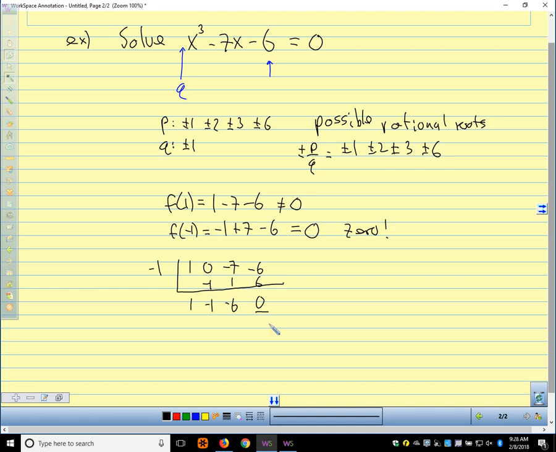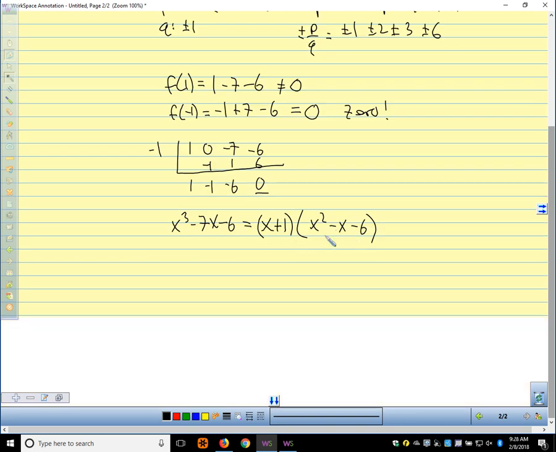So there's our 0 remainder. So we have x cubed minus 7x minus 6 equals x plus 1 from this, x equals negative 1, times x squared minus x minus 6. And does this factor?